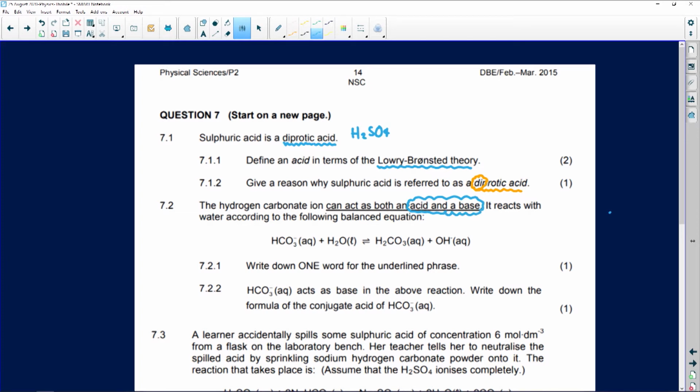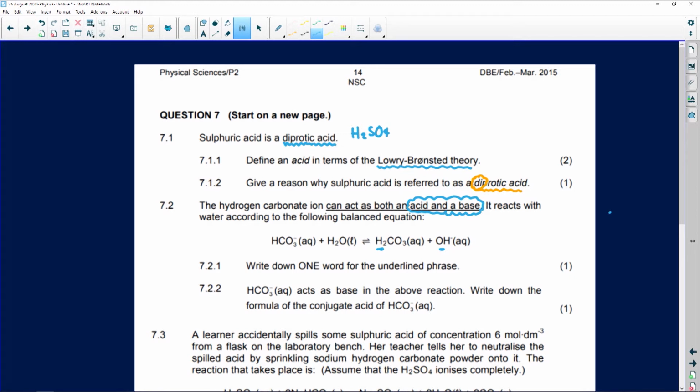When we do conjugate acid-base pairs, it reacts with water according to the following balanced equation. Now, when something can act as an acid and a base, it actually gives it a name. Let's look at what's happening here. So I've got HCO3, and then all of a sudden it's an H2 here, and then I've got water and then an OH minus on that side. So something gave away and something accepted.